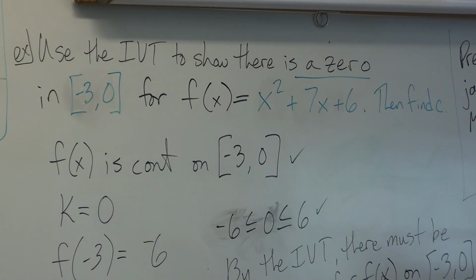Such as, verify the IVT applies to g of x equals x squared plus x over x minus 1 on 5/2 to 4 for g of c equals 6. Then find c.